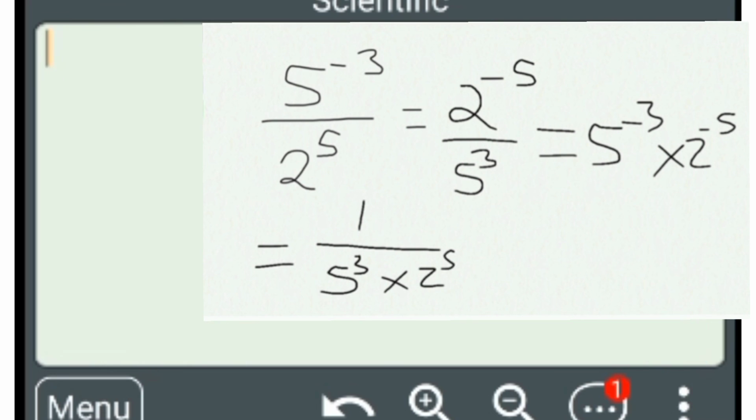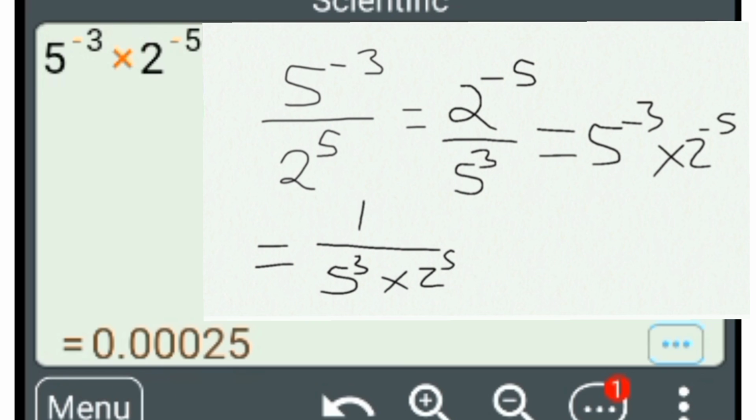What about 5 to power negative 3 times 2 to power negative 5? The answer is 0.00025. Excellent.